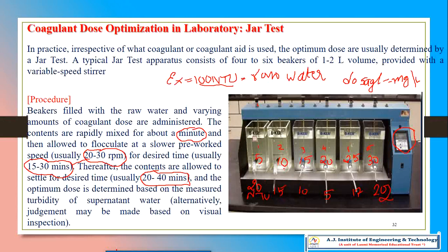In the second tank it is reduced to 15, but not to 5. In the third tank it is reduced to 10, but not to 5.